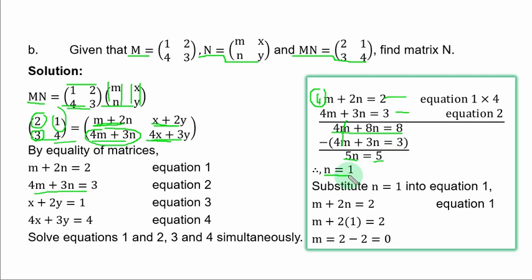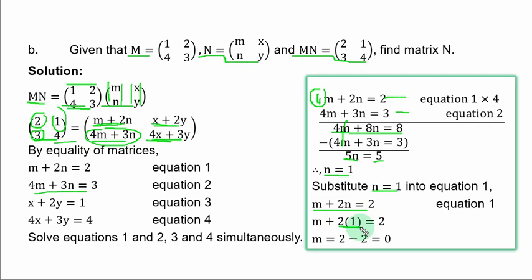To get m from this solution, you substitute n equal to 1 into either equation 1 or 2. So we are taking equation 1. That equation is m plus 2n equal to 2. Where you see n, replace it with 1.